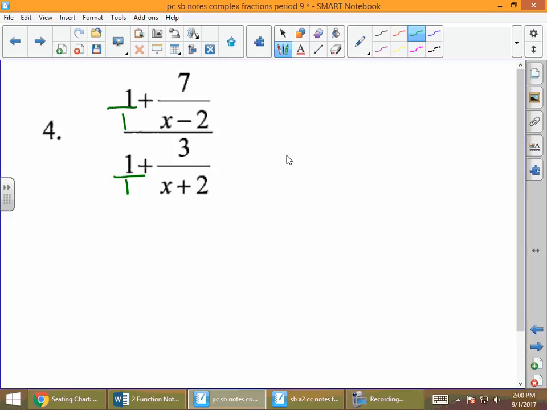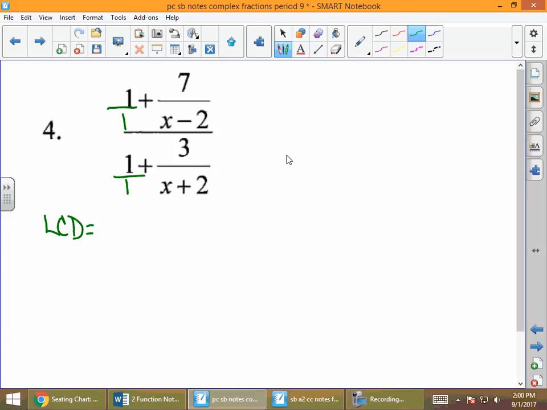What we do with the least common denominator, we need to find the least common denominator, is we look at each individual term in this problem. 1 over 1, so our denominator is 1. 7 over x minus 2, our denominator is x minus 2. 1 over 1, there's another denominator of 1. 3 over x plus 2, x plus 2 is the denominator.